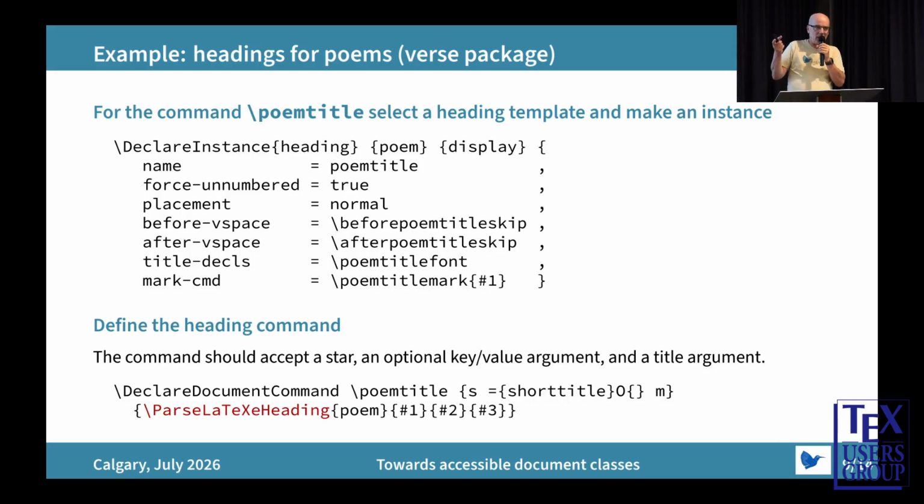So the output of a star, an optional argument, or empty, or a title. And it manages those and then calls an instance and passes whatever is necessary to the instance. So basically all the headings have this structure on the top level in the new mechanism.